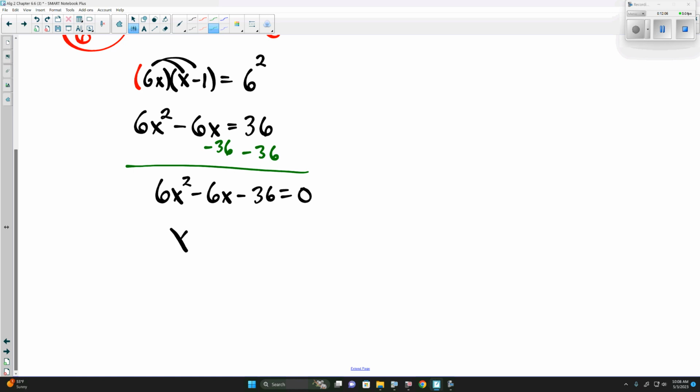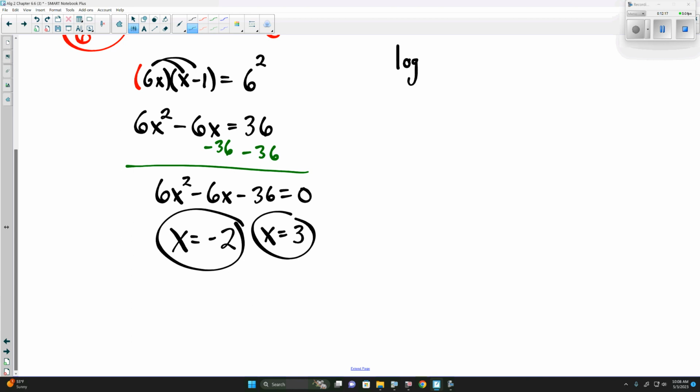So it's saying x is equal to negative 2 and x is equal to 3.